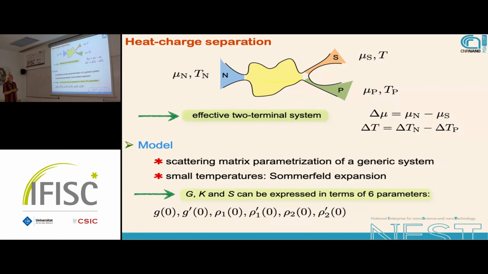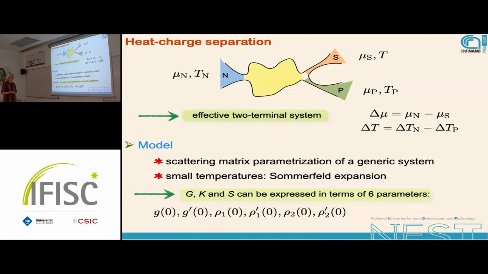This, in the end, can be described by a two-terminal system, because of conservation of charge and energy, and because this μp must be determined self-consistently in order to have a zero current here. What we do is model the conductor with a scattering matrix, parameterizing the scattering matrix with the minimum amount of parameters. And we did a small temperature difference expansion.